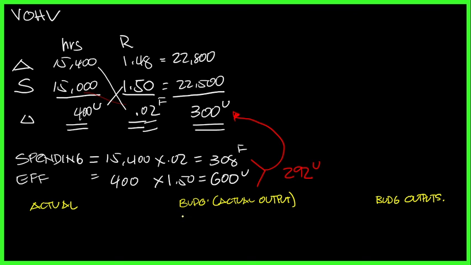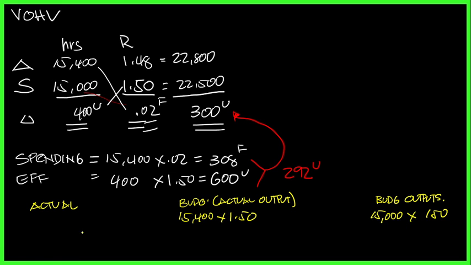So in this case you will have 15,400 hours times 1.5, and based on output yung standard natin, that's your standard hours times 1.5.